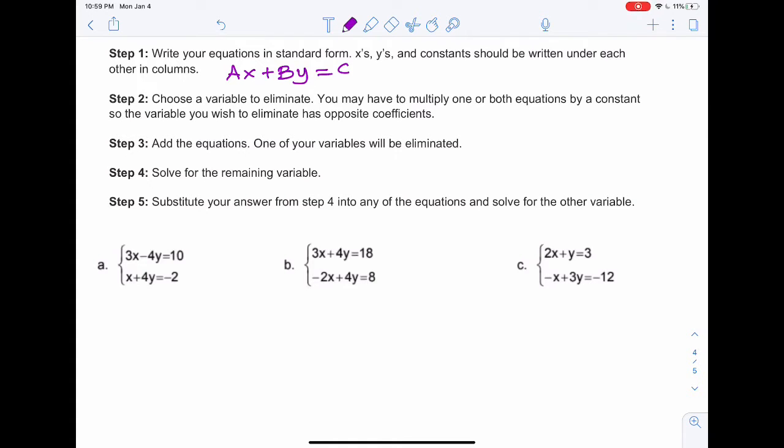Now we can move on to the second step. Choose a variable to eliminate. You may have to multiply one or both equations by a constant, so the variable you wish to eliminate has opposite coefficients. Let's look at the coefficients of both variables. For x, we have 3, and we have one invisible 1 here.